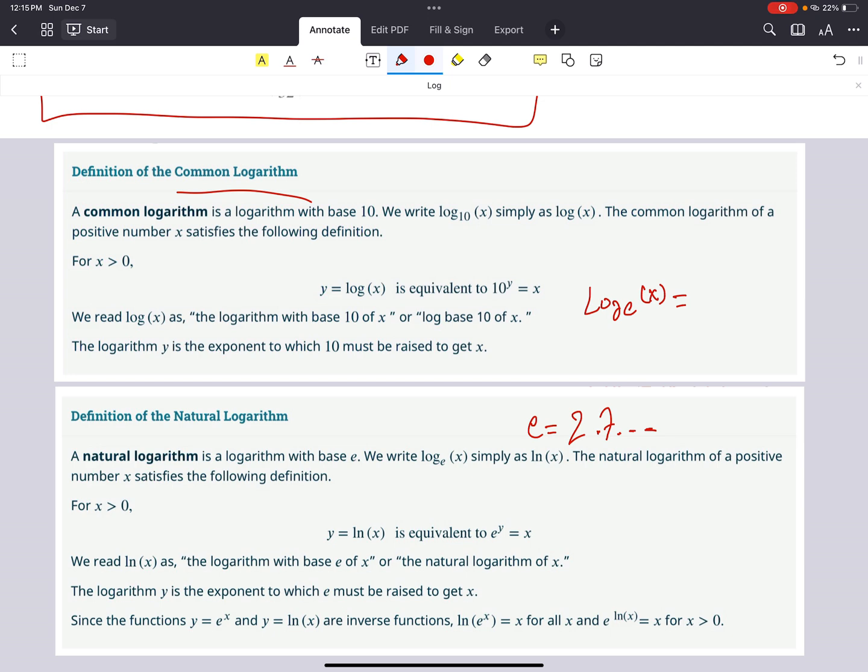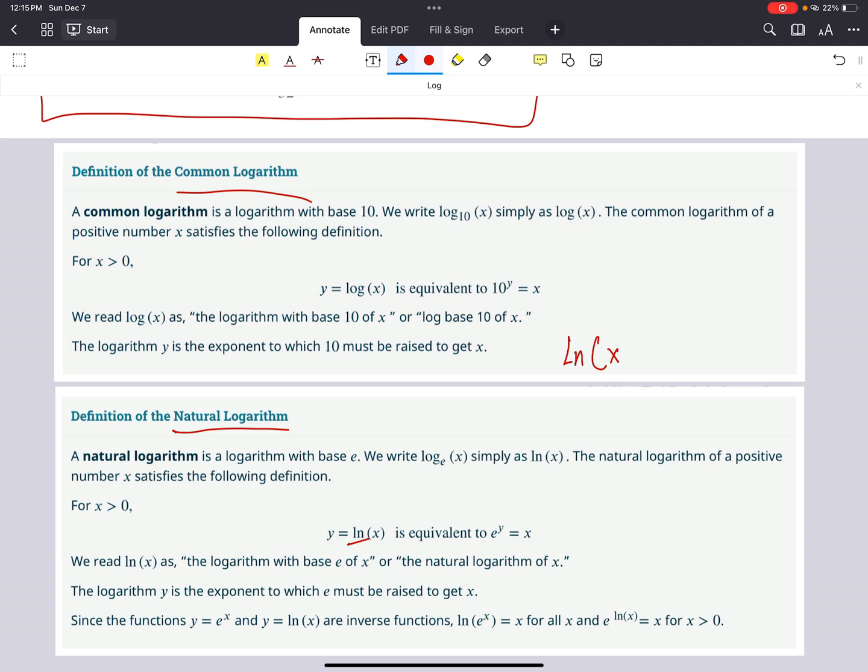Now, if I have log with a base of e, we don't write it as log. Instead, you write ln, which is the natural logarithm.